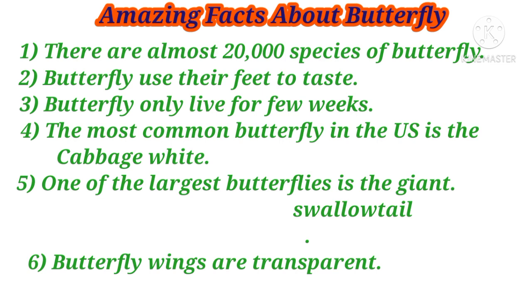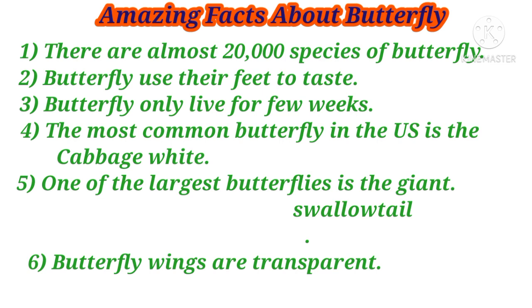The next is butterfly wings are transparent. Is it transparent? No, it looks very colorful. How can it be possible? But dear students, the wings of a butterfly have scales.